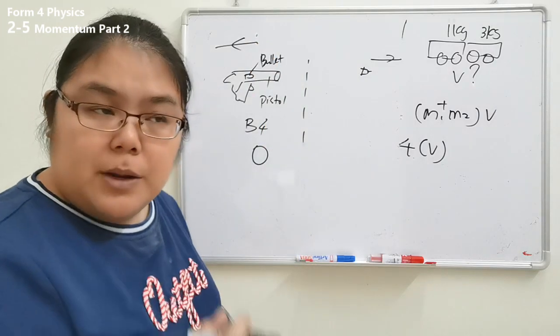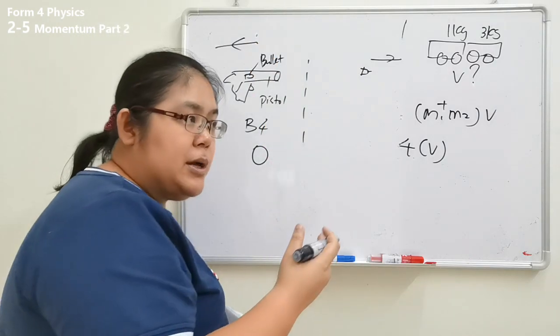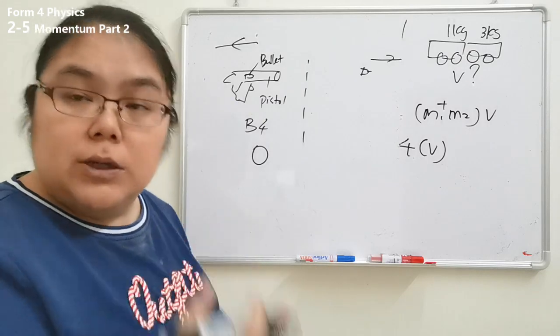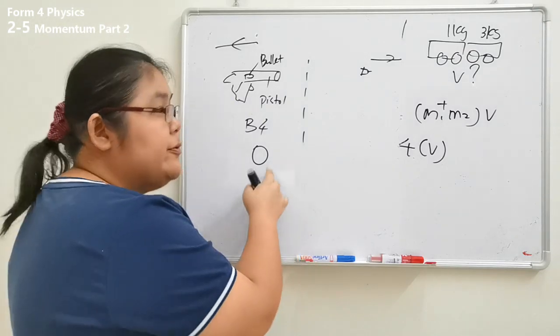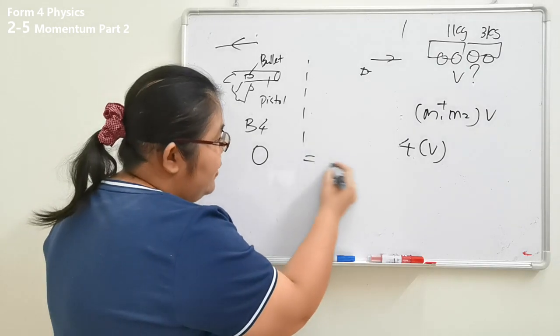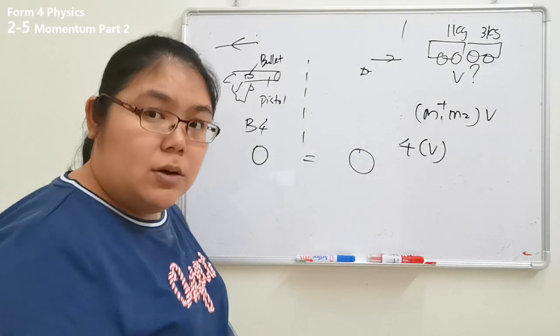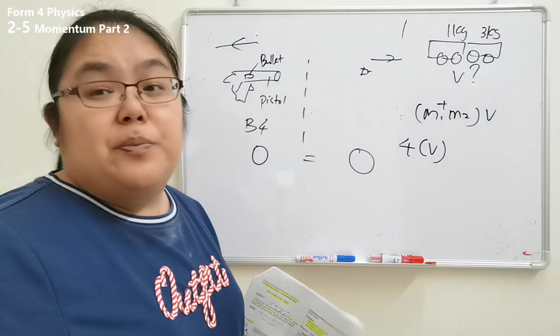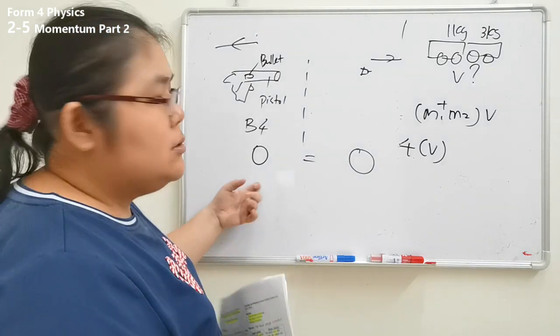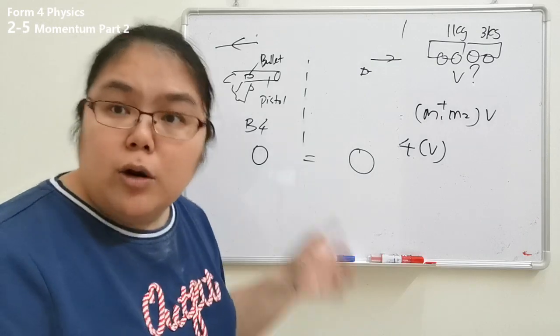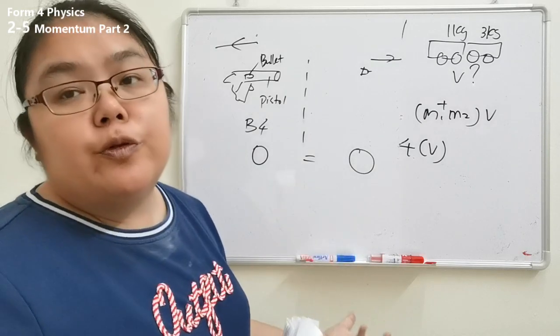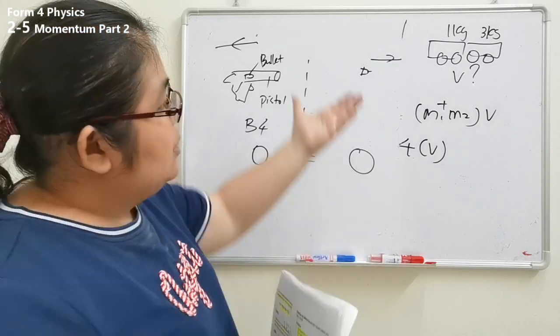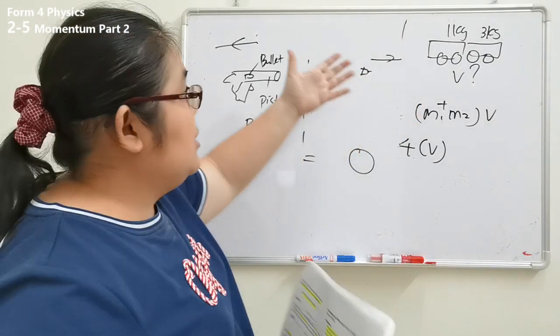Remember the principle: total momentum before must equal total momentum after. Before it is 0, so the final must also be 0. The situation is surprising: why is it 0 when things are moving? Because the movement is in opposite directions. The bullet moves here and the pistol moves here.